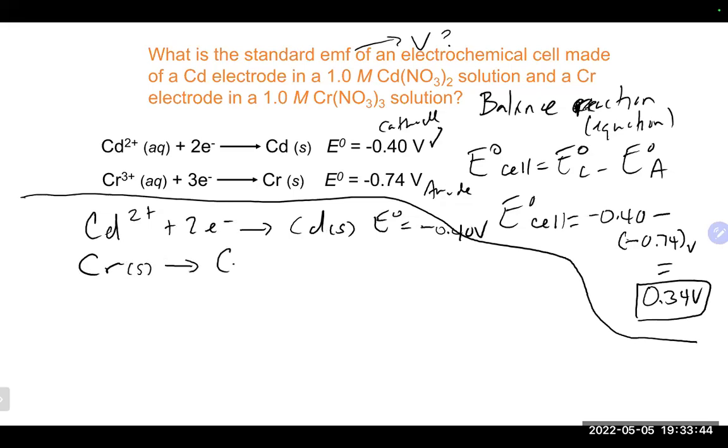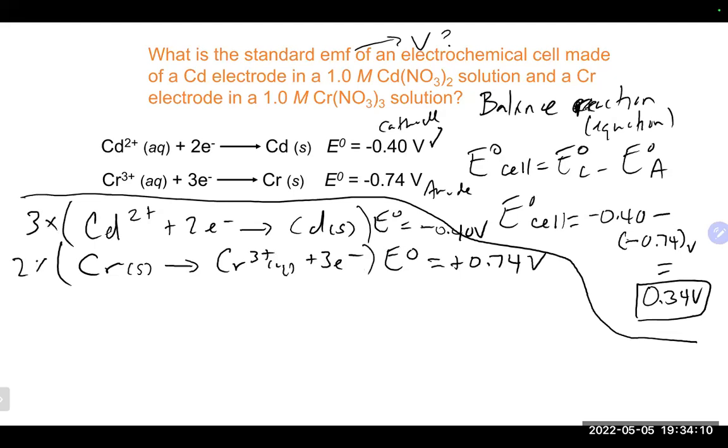That would go to our chromium 3 plus our 3 electrons, which means technically speaking, since I reversed it, I should now make that a positive 0.74. And I can't add these together yet because I don't have the same number of electrons, right? Which means I need to multiply the top guy by 3, bottom guy by 2 to do that.